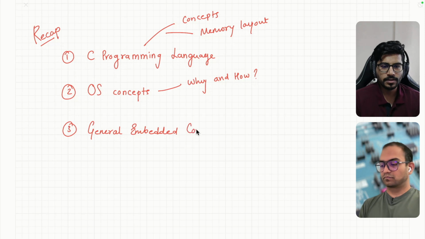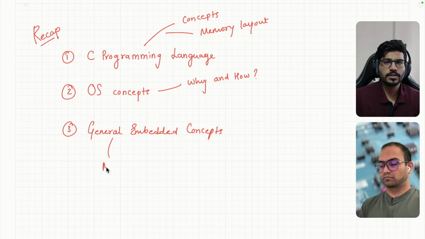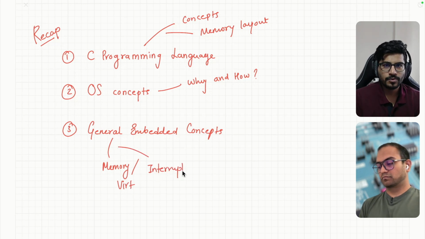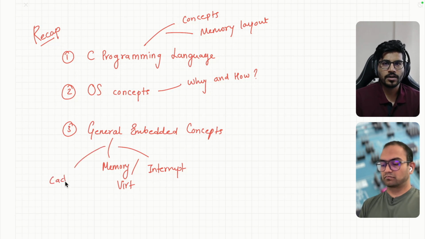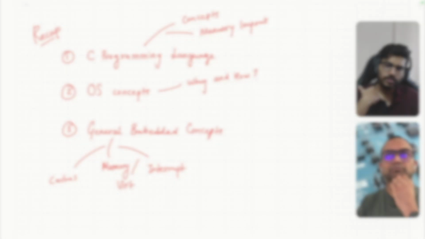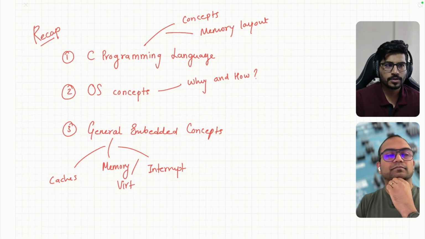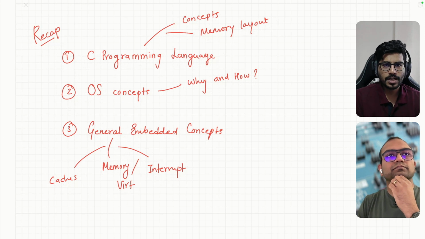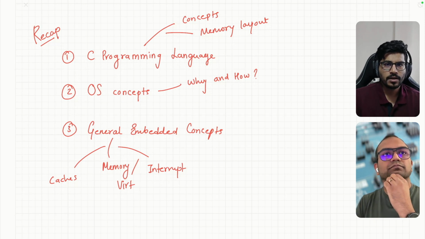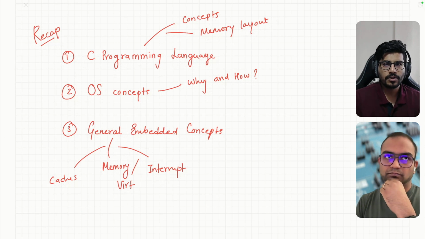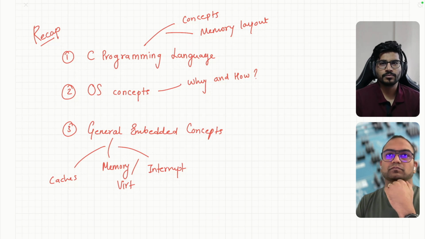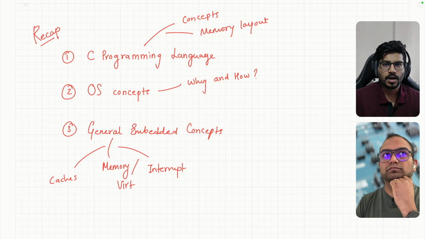General embedded concepts would include physical memories versus virtual memories, your interrupts, your caches, your IO buses, and all the concepts required to grasp the layout of a simple embedded system. If you have understood those, you can build your way forward to taking on a complex embedded system, meaning Raspberry Pi or BeagleBone boards.